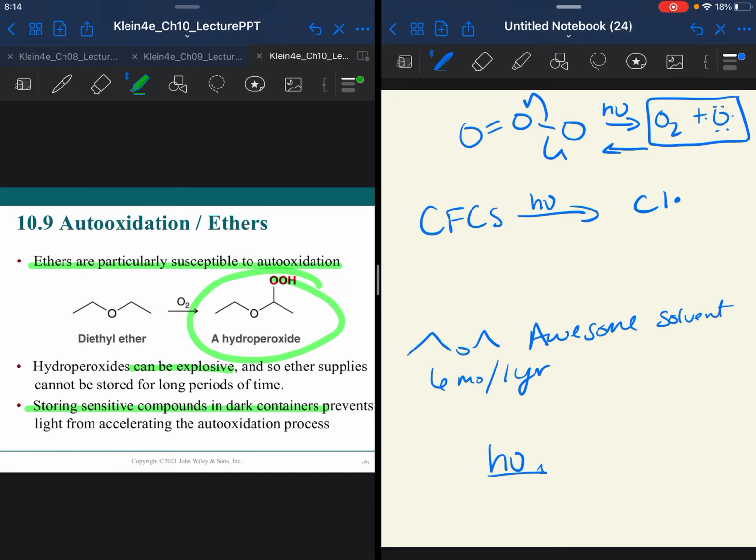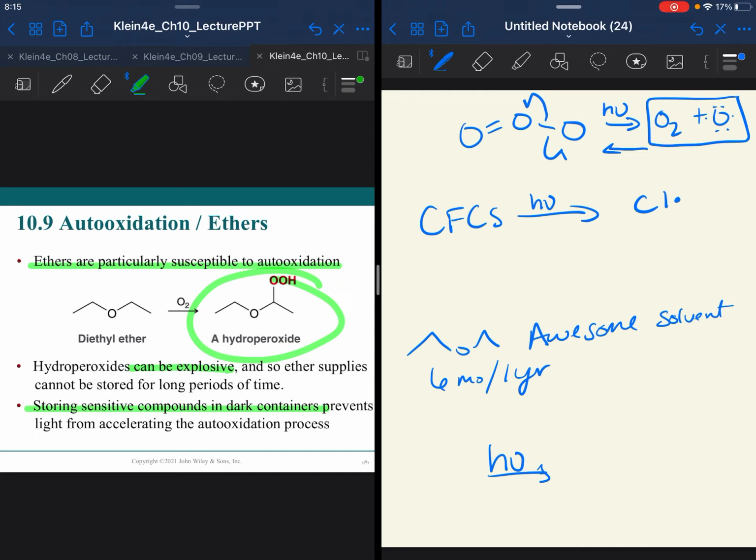It's to keep out that ever important HV, right? We know that light can initiate these radical processes. And so a lot of times chemicals come in these dark bottles to keep the light out. I've gotten ether in either amber bottles or even completely opaque silver bottles.